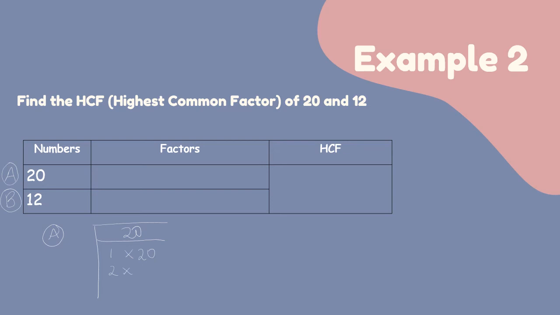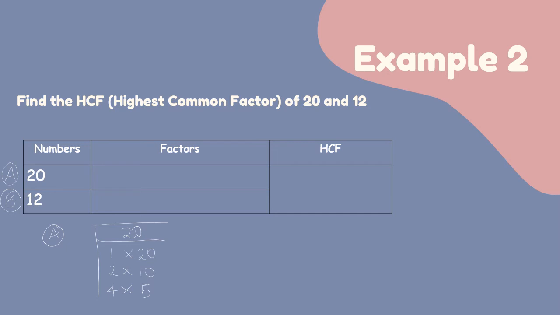As simple as that, 10. Do we have 3 times something gives you 20? No, we don't. How about 4? 4 times what gives you 20? 5. Are there any more numbers when you multiply them together gives you 20? I think that's pretty much it.